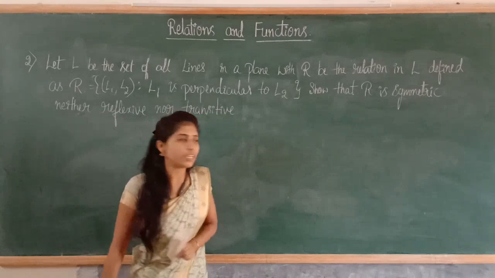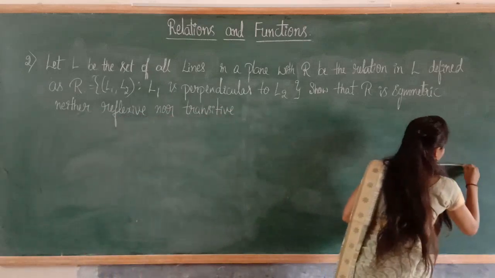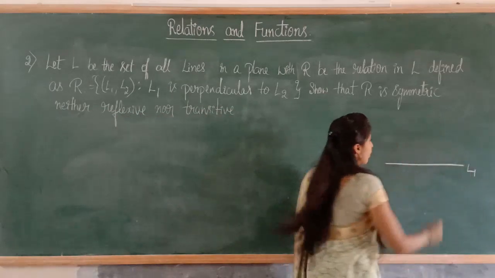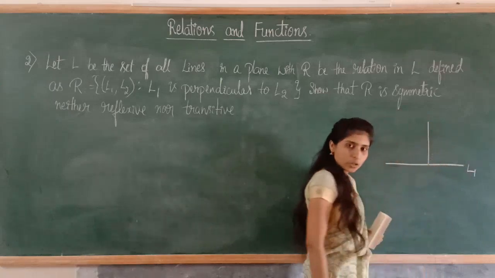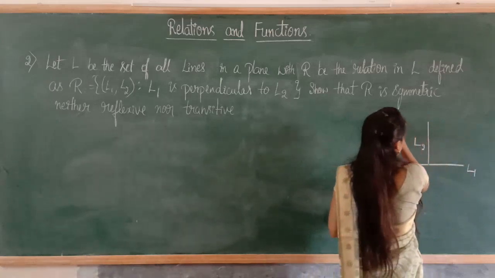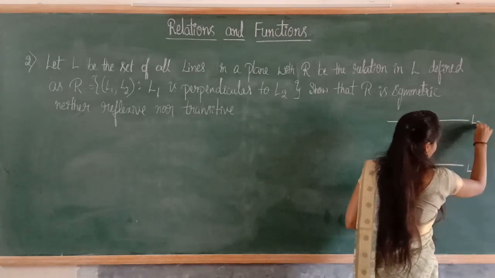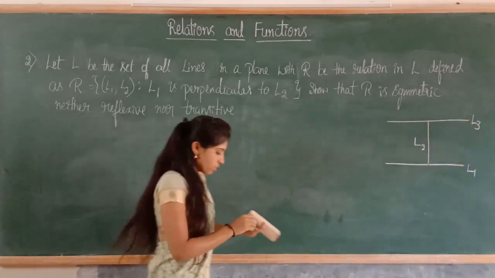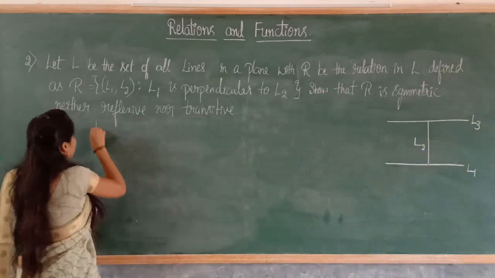I will take, see here, this line is L1, and L1 is perpendicular to L2, and L2 is perpendicular to L3. Now first is reflexive.